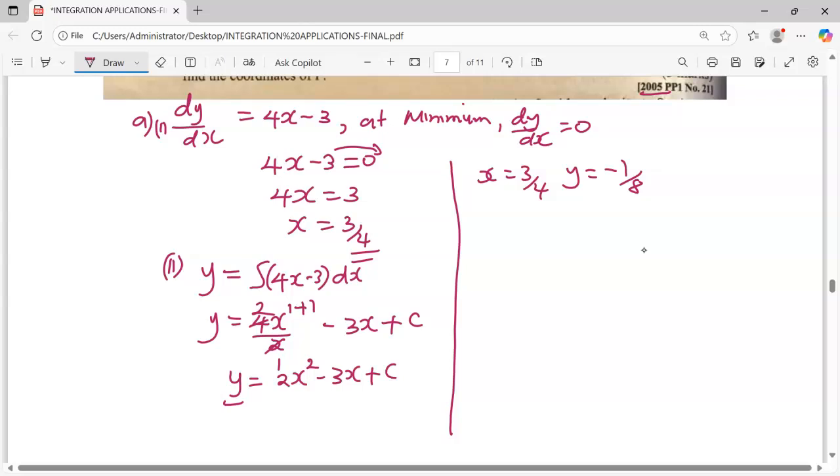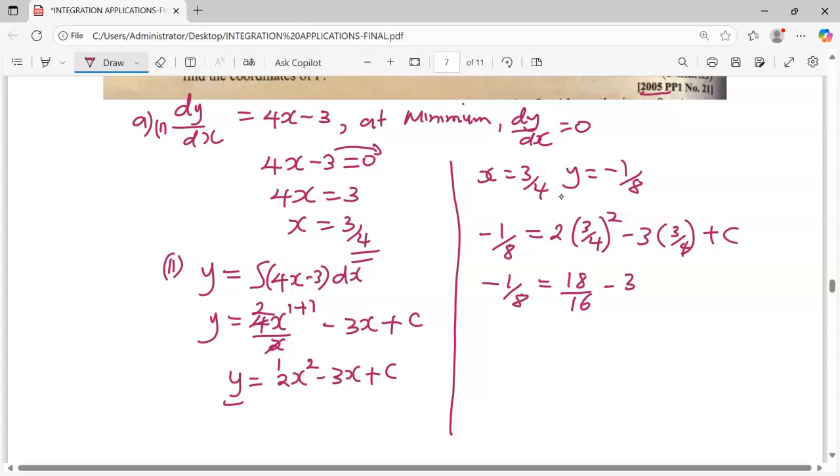In place of y, we place negative 1/8, which is equal to 2 into x squared, where x is 3/4, minus 3 times x, which is 3/4, plus c. So negative 1/8 equals 3 squared, which is 9. 9 times 2 gives 18, over 4 squared which is 16, minus 3 times 3 gives 9.